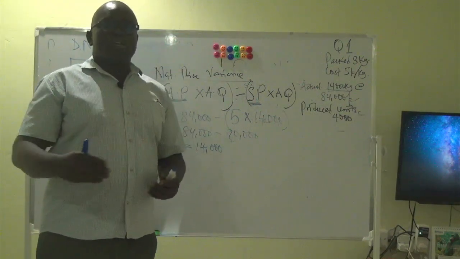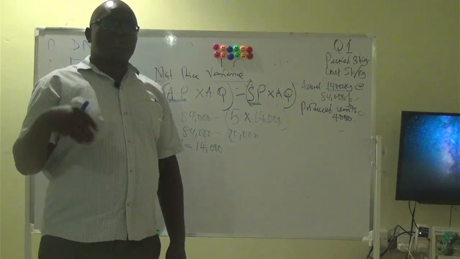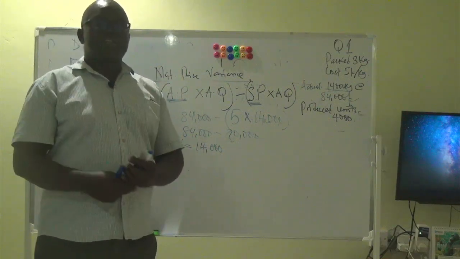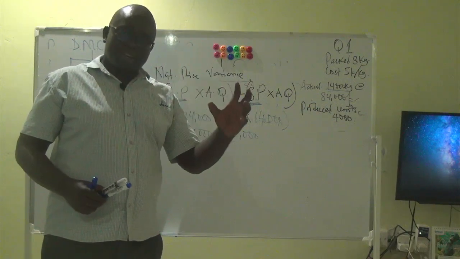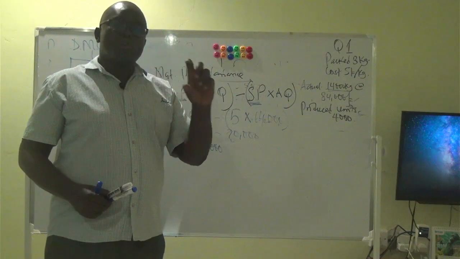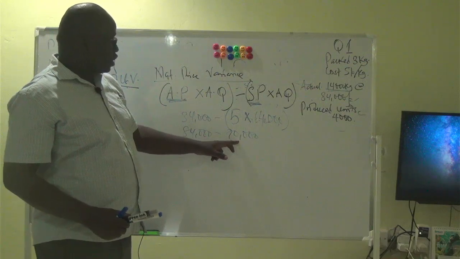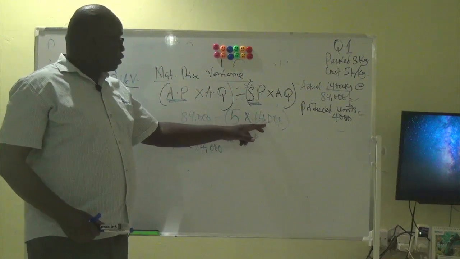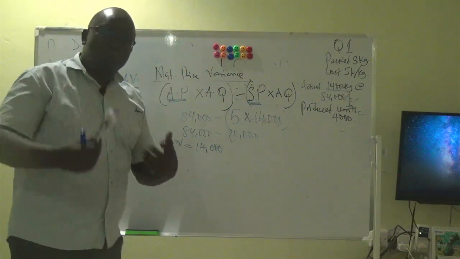Adverse is where you plan to spend less, but you have spent more. That means your actual price and your standard price vary, but on the negative side, in the sense that you had planned to spend 70,000 shillings on the actual 14,000 units, but you spent 84,000 shillings, so you spent more.